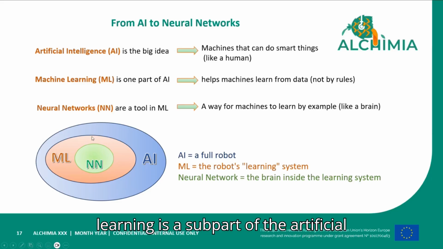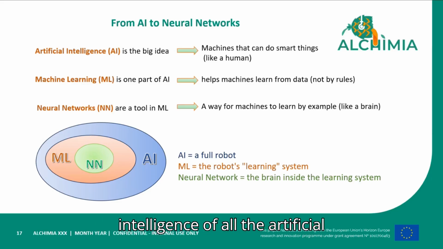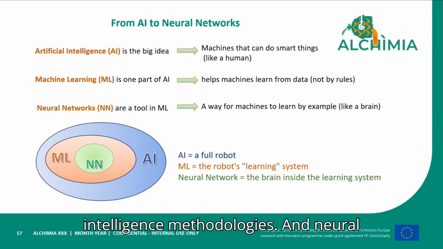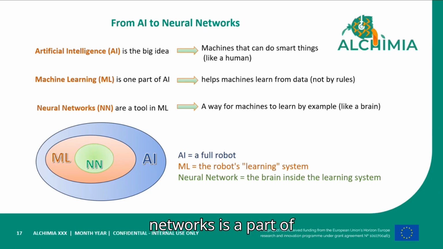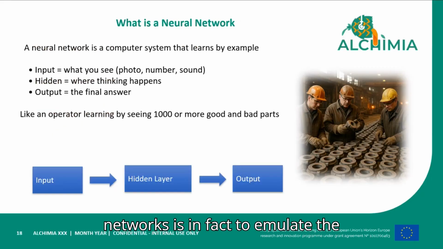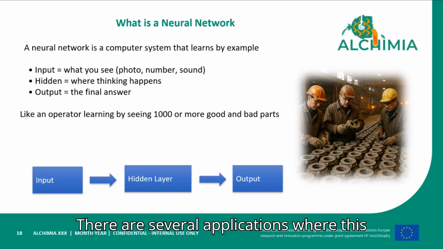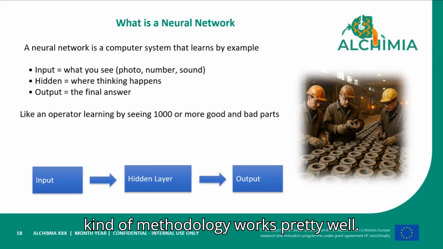Machine learning is a sub-part of all the artificial intelligence methodologies, and neural networks are part of a subgroup of machine learning. The idea of neural networks is, in fact, to emulate human behavior. And in fact, there are several applications where this kind of methodology works pretty well.